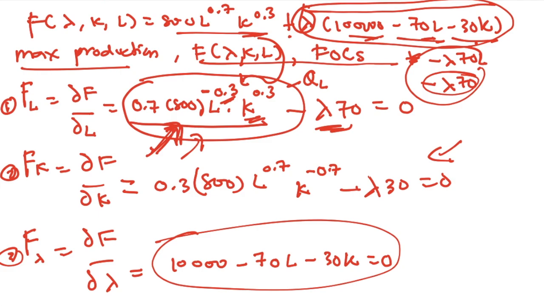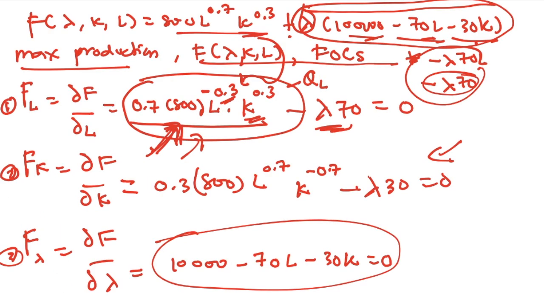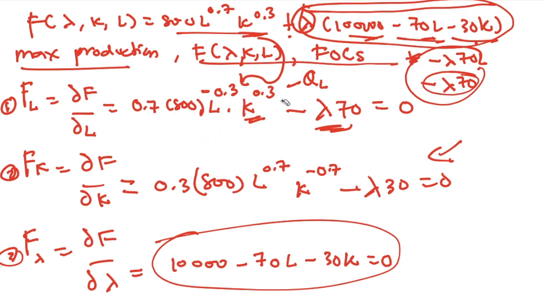Now next, do the same for QLK. If it is QLK, let's go back to this. That means you differentiate a second time. After you differentiate it with respect to L, you differentiate this with respect to K. When you differentiate with respect to K, you are concerned about this, not this.